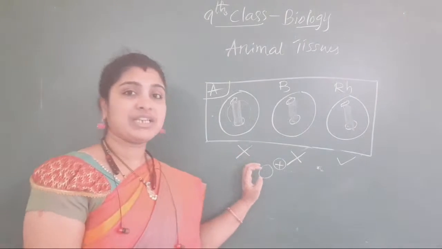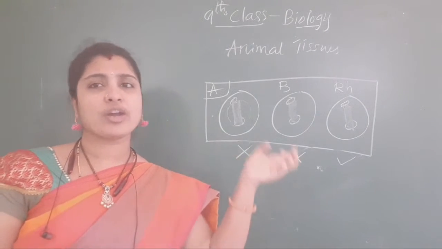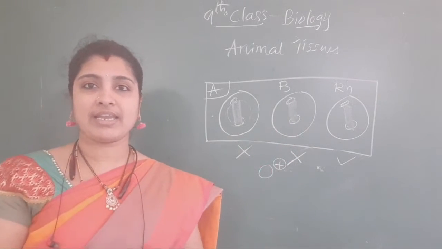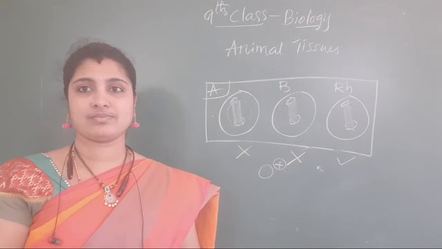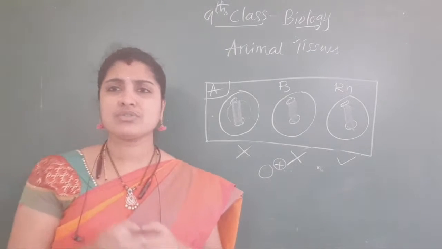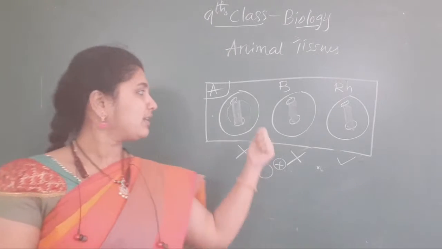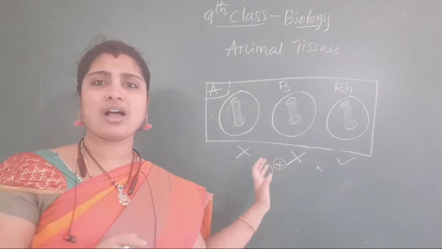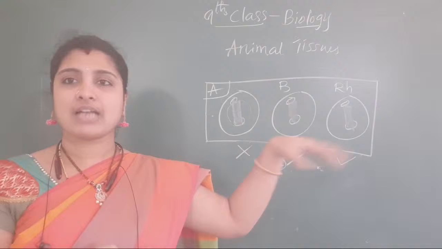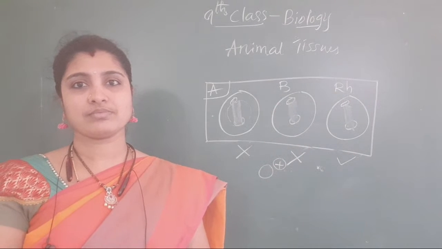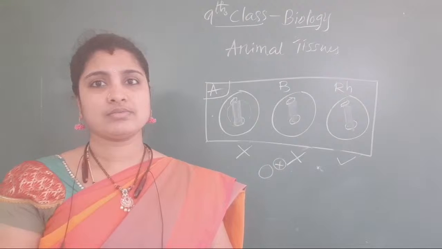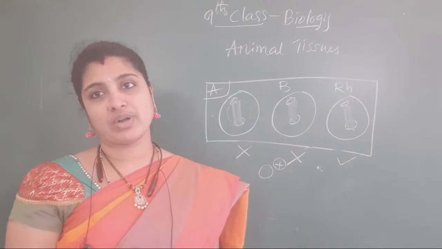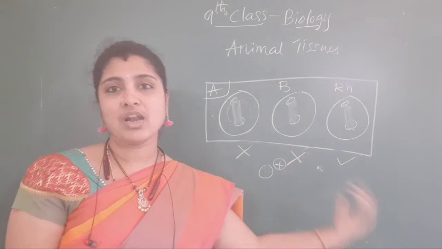Okay, so if we inject O blood group into any other, A or B or AB, in the O group there is no one to fight against. Understood, students? A factor, B factor is not there. No one is there. So it will mix with the other blood groups also. That is why O blood group people are universal donors.